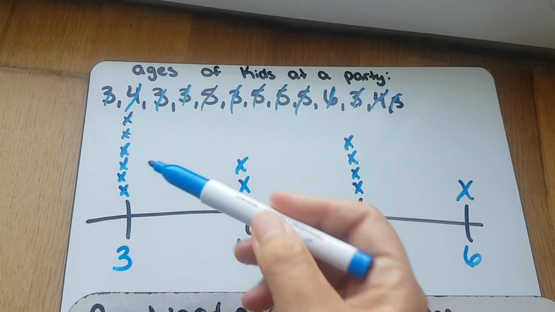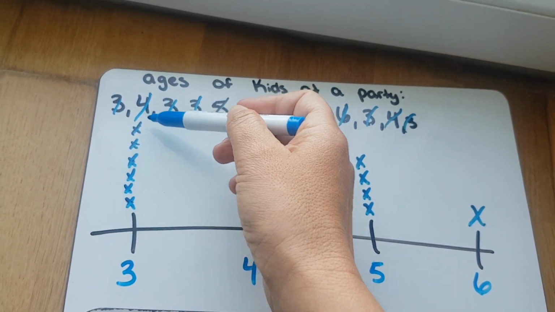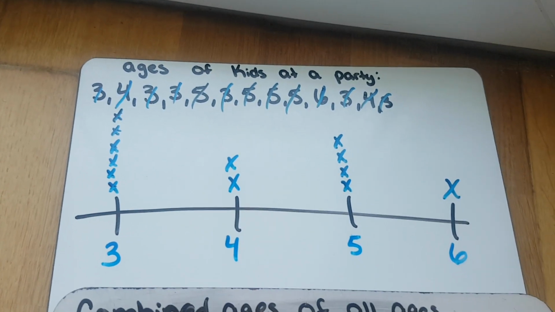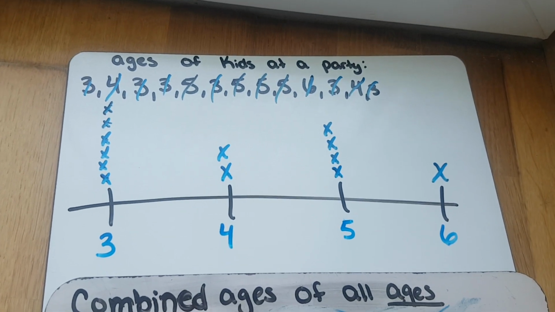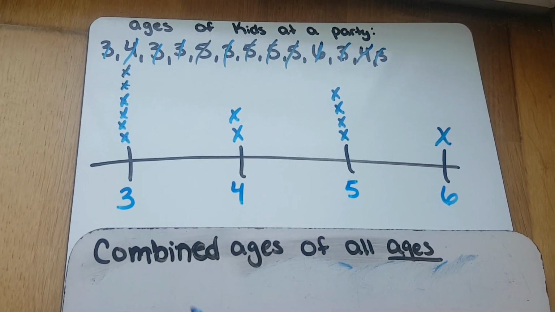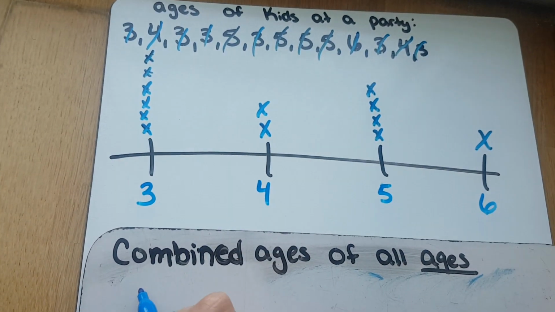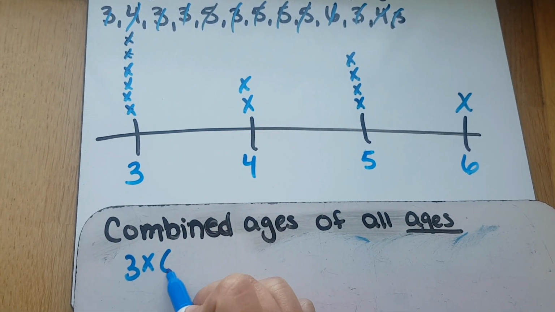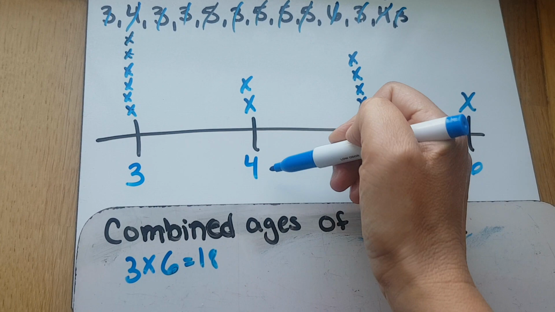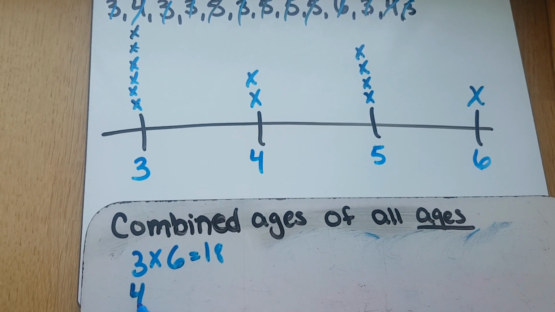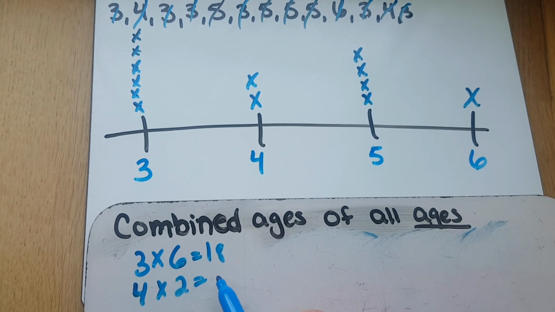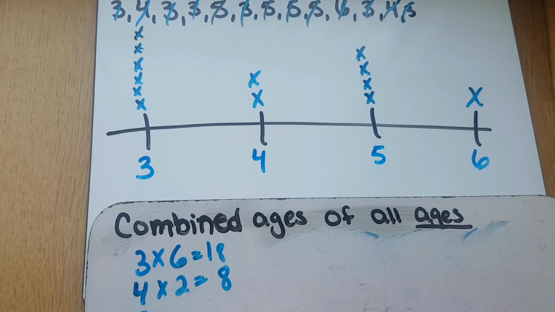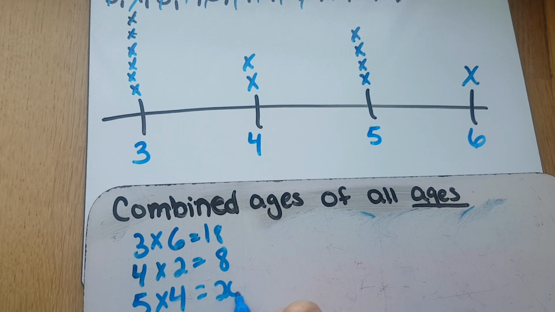Well, instead of going 3 plus 3 plus 3 plus 3 plus 3 plus 3 plus 4 plus 4 plus 5 plus 5 plus 5 plus 5 plus 6, I could do this a little easier. Multiplication is my friend. So I know 3 times, and there's 6 3-year-olds, I know that is 18. 4 times 2 equals 8. 5 times 4 equals 20.